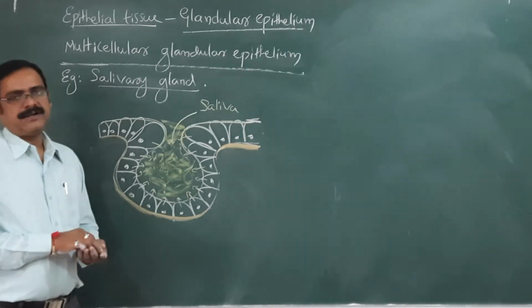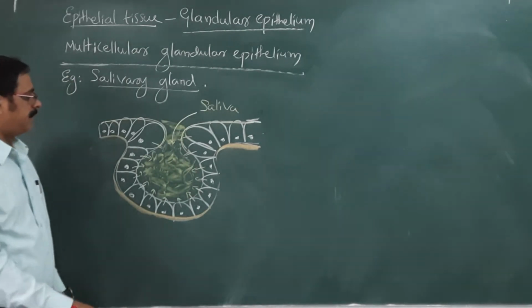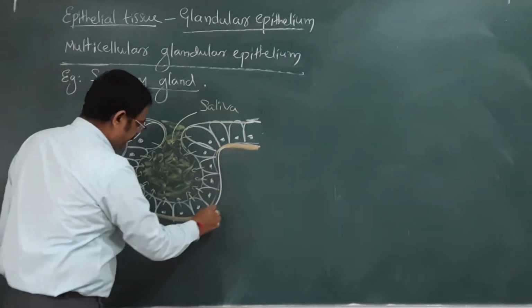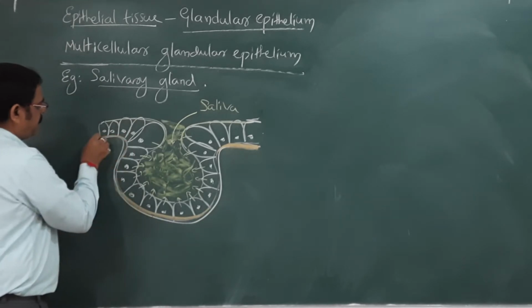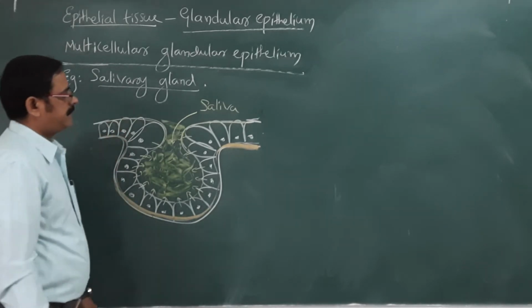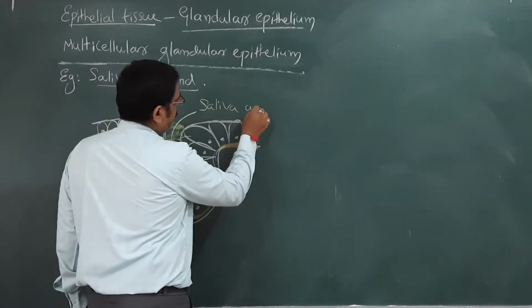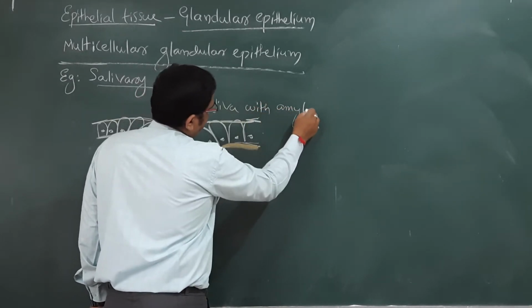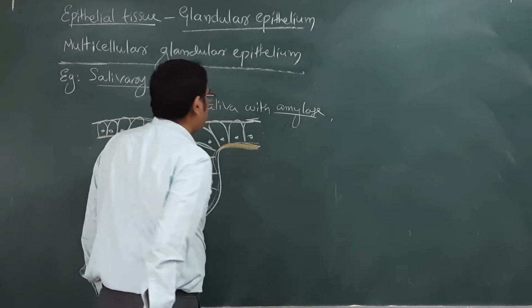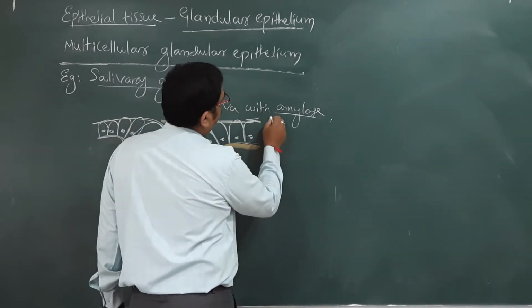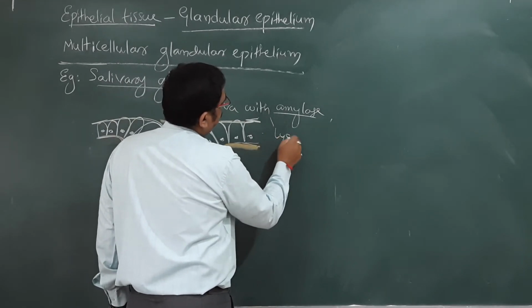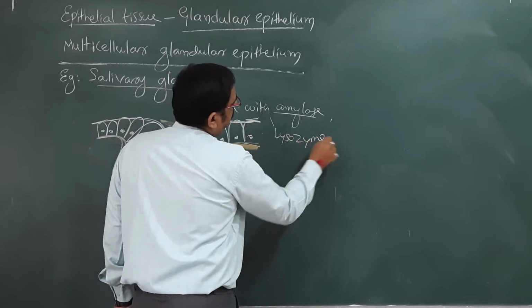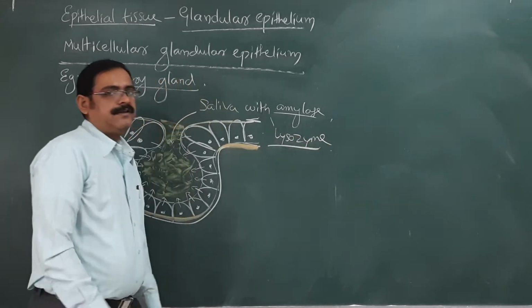Saliva has an enzyme called lysozyme, and salivary amylase also, and saliva has lots of important components. What can we find inside the saliva? The enzyme salivary amylase, and one more enzyme, lysozyme. Lysozyme is antibacterial.